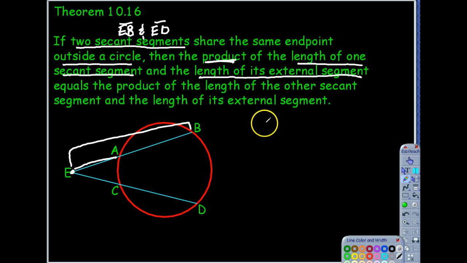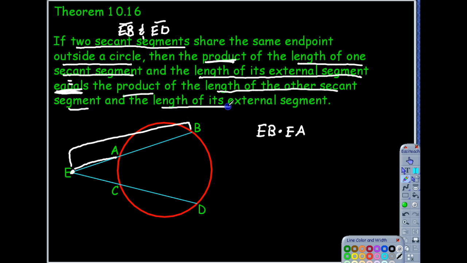Okay, so I'm going to write that down. EB times EA. So it's the secant times its external. This will equal the product of the length of the other secant segment and the length of its external segment. So it will equal ED, the whole secant segment, times EC, which is its external segment.